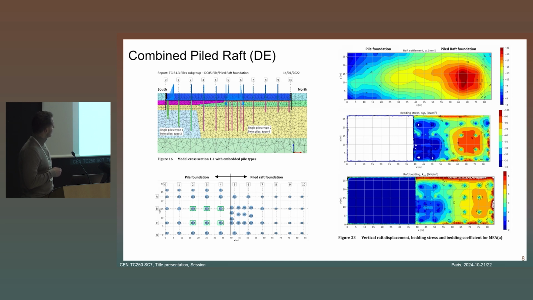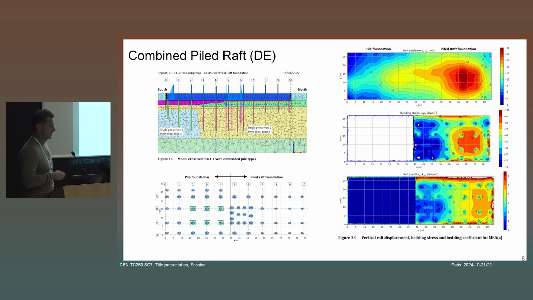If you then look at the results, you can see the settlements that we were interested in, and you see that at the pile raft position there is a little more settlement than in the pile bearing area only. And you see in the pile bearing area that there is no bearing by the soil in between.